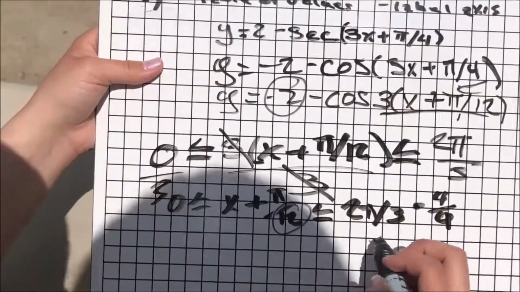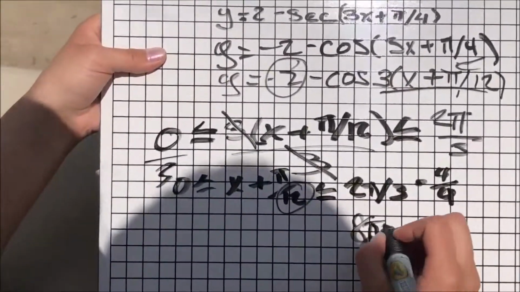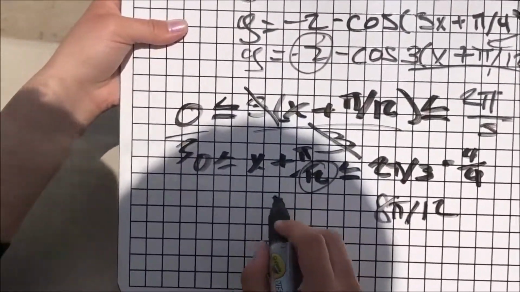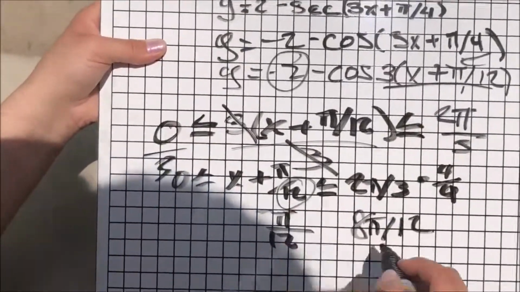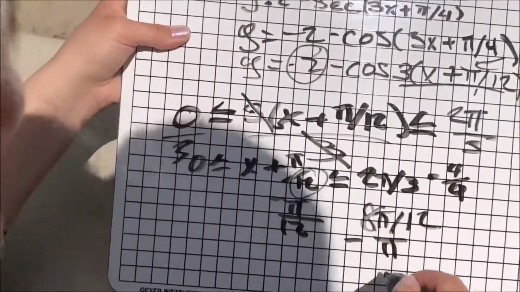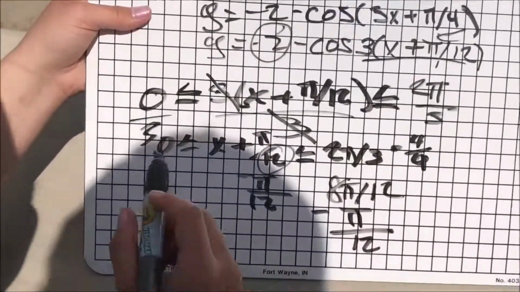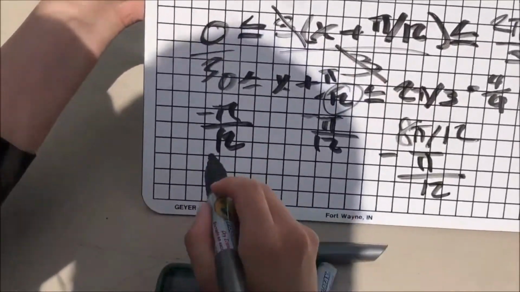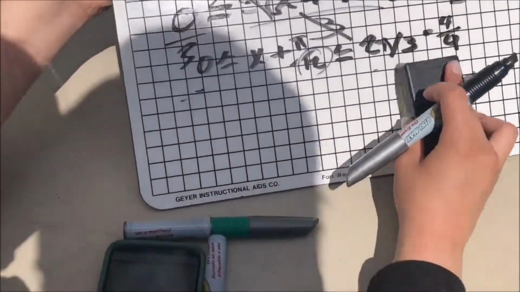And then it turns into 8 pi over 12. And then we're going to subtract pi over 12 on all these sides. And then so pi over 12 again. So we get, I'm gonna erase this part because I'm running out of room.